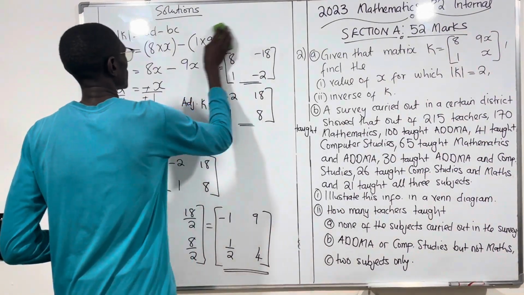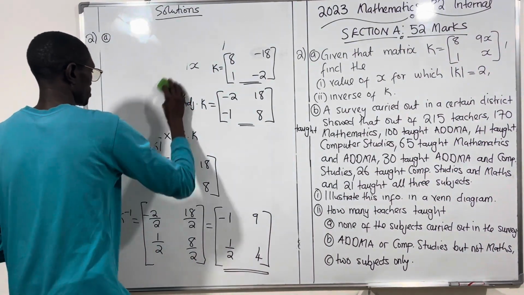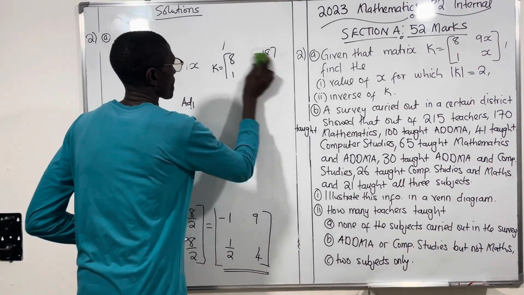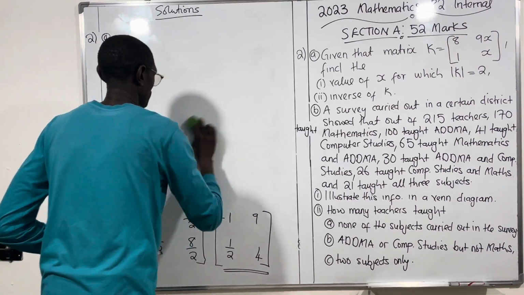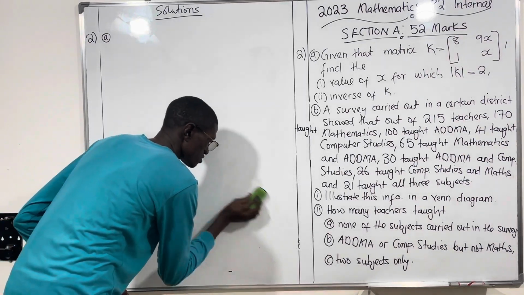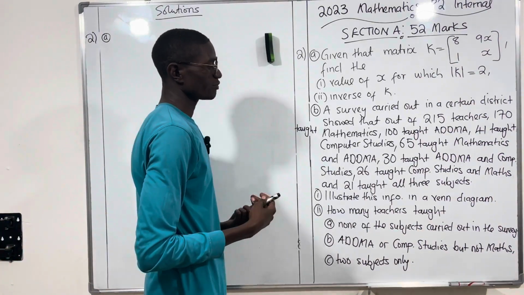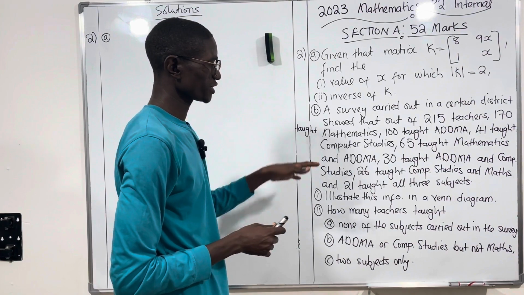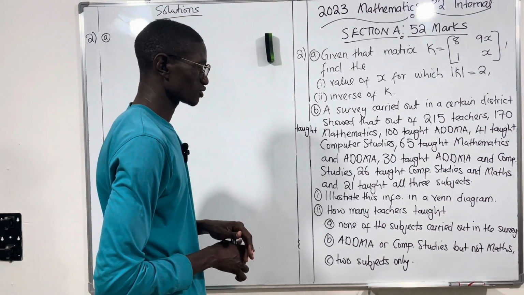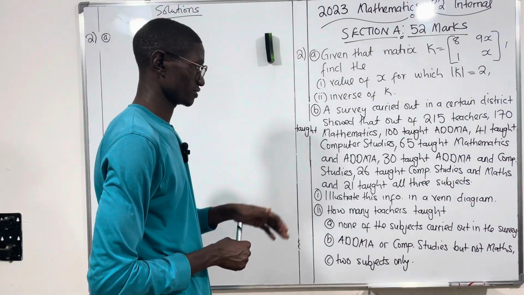All right, we now go on to question 2b, which is a question on sets. Okay, so it is very important for us to make sure that we read through the question very carefully, because once we miss it somewhere, you can actually get a 0 on this question.